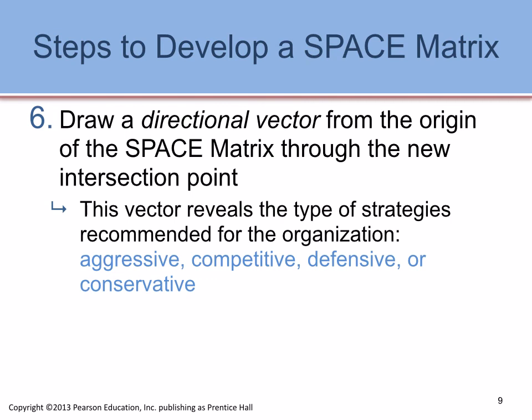Okay? And then draw a directional vector from the origin of the space matrix through the new intersection point. This vector reveals the type of strategies recommended for the organization, either aggressive, competitive, defensive, or conservative.